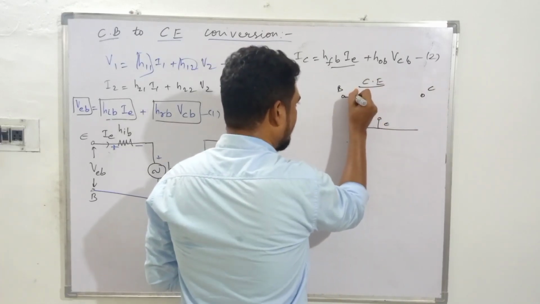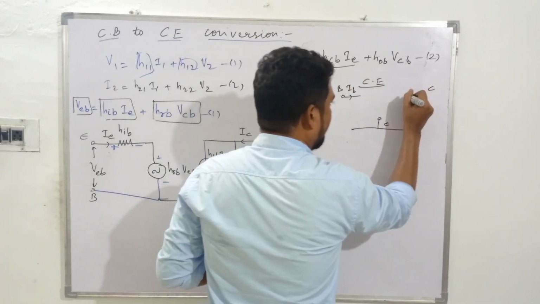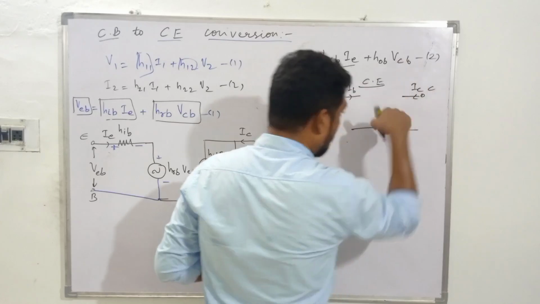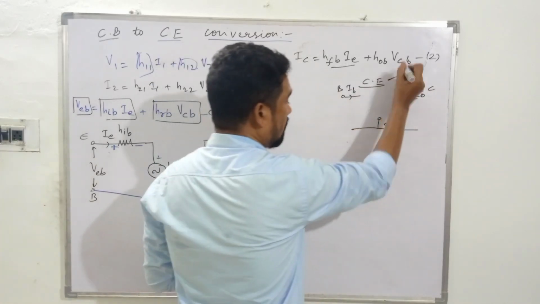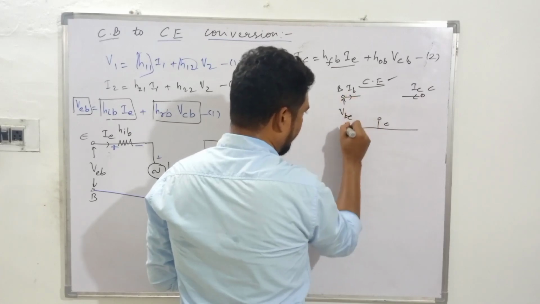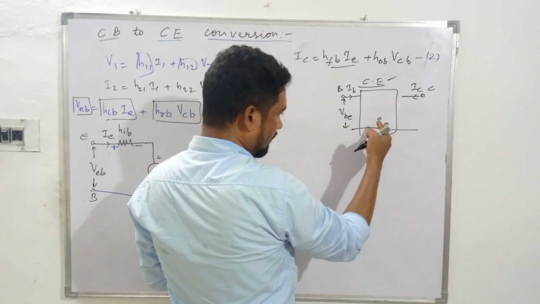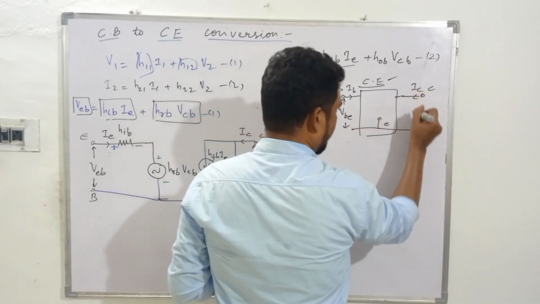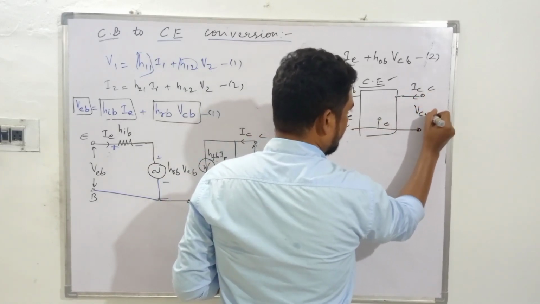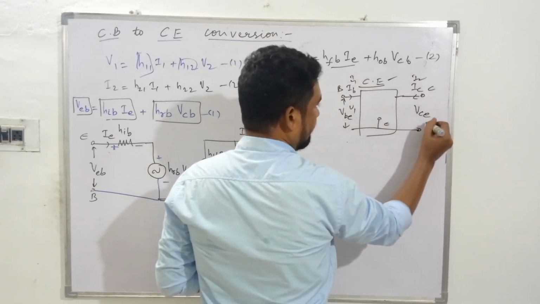So in that case, what will be this current? It will be IB, and here we have IC, that two-port network representation in terms of common emitter. So it will be VBE, B and E. All right, now this will be the two-port network, like emitter being common to both input and output, and we have VCE. Now this one will be I1, V1, I2 and V2.